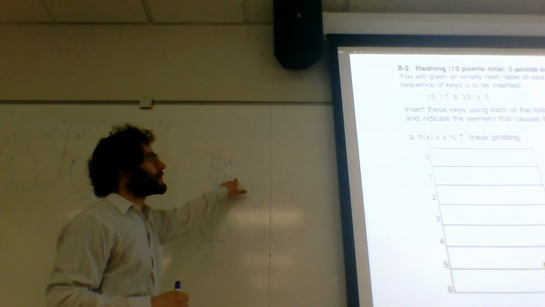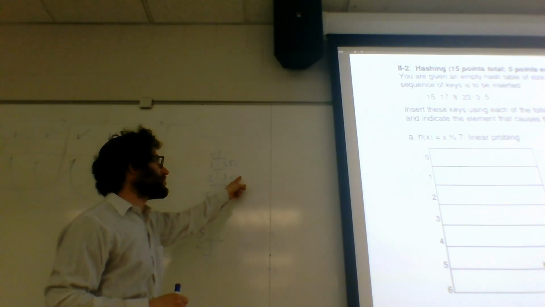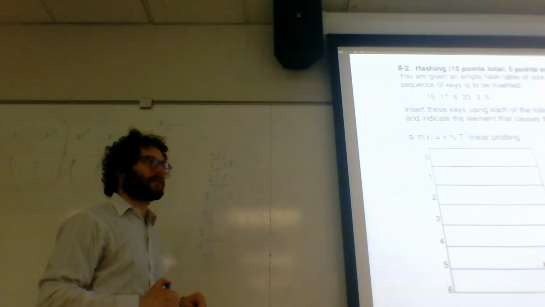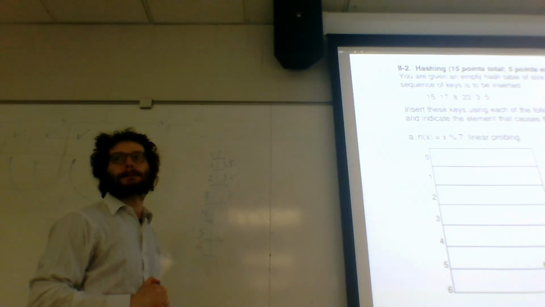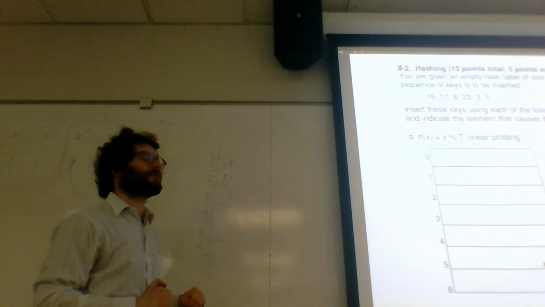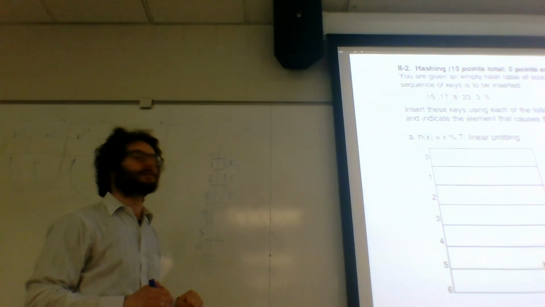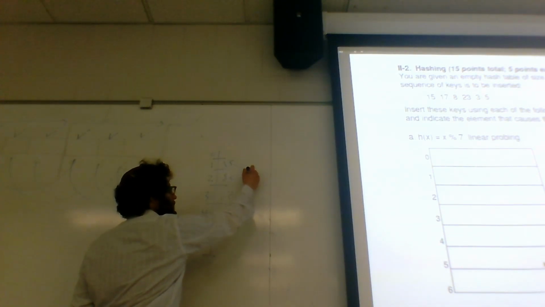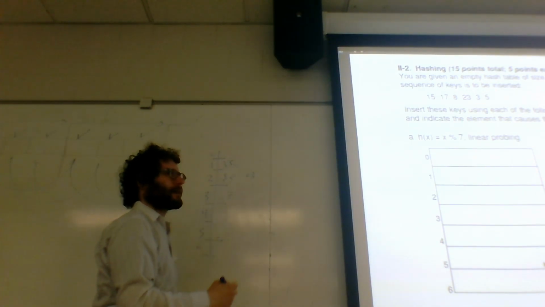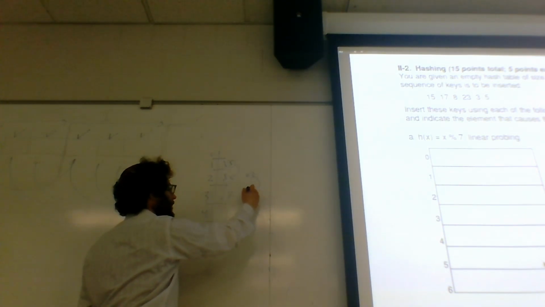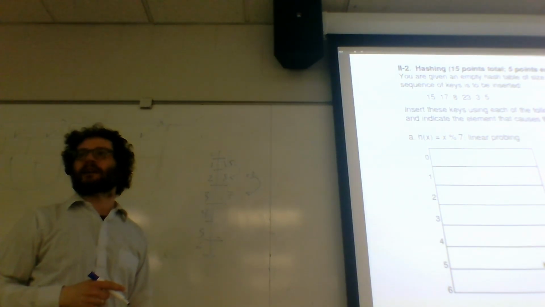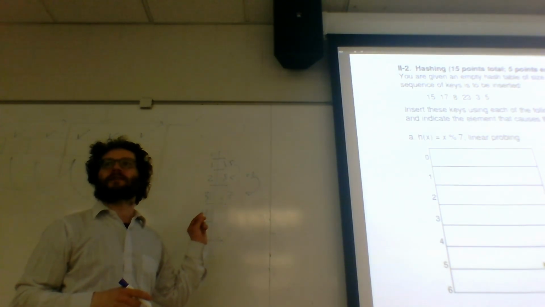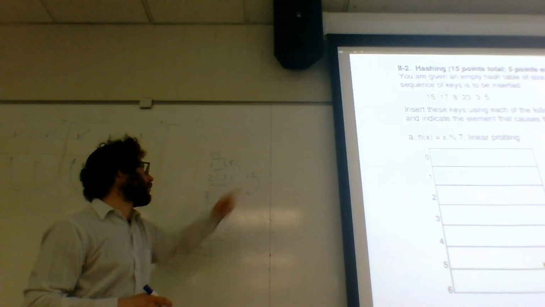Okay. 23 now needs to go in index 2, since 23 mod 7 is 2. So we start quadratic probing, which means we check 1 squared away from where we wanted to go. That's not going to work. So now we check 2 squared away. So 4.